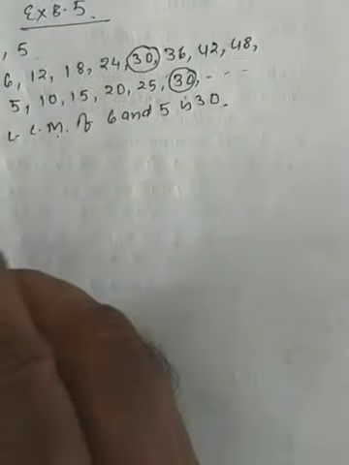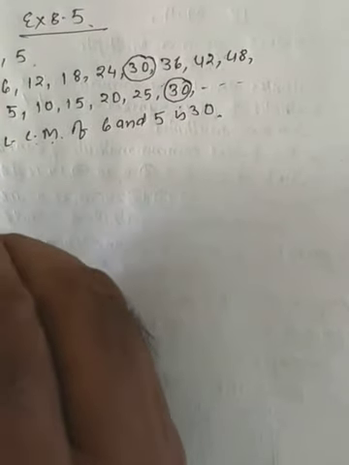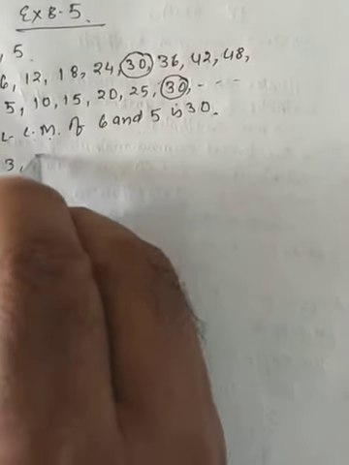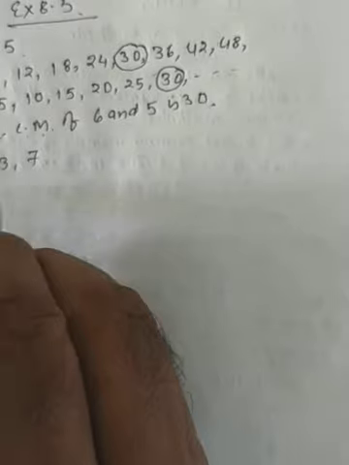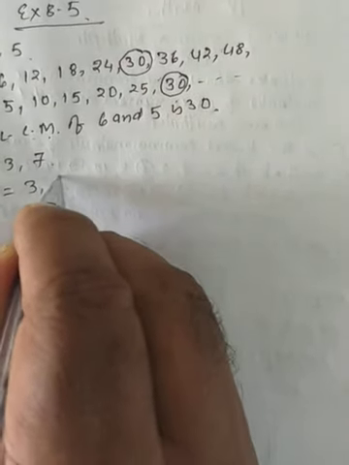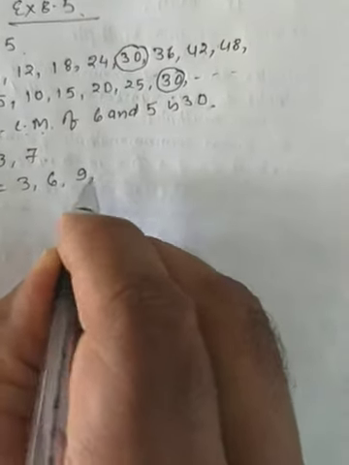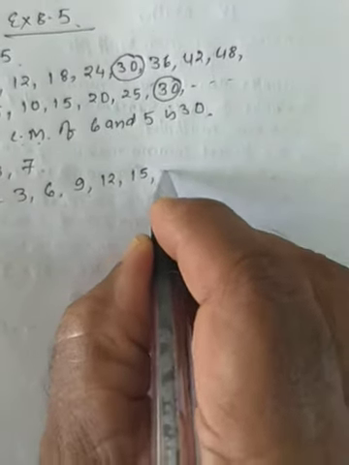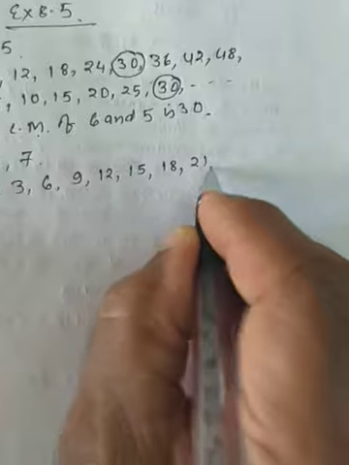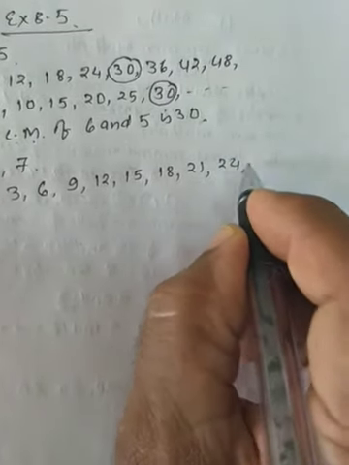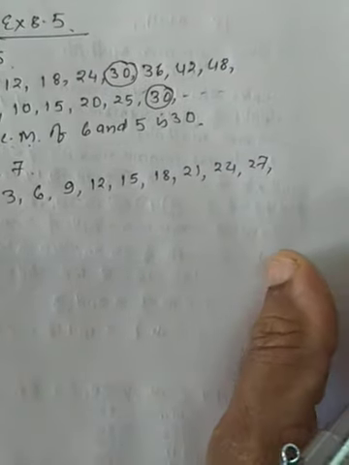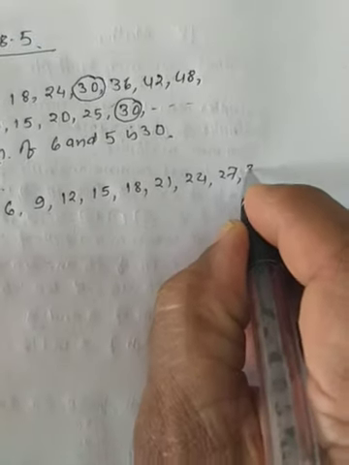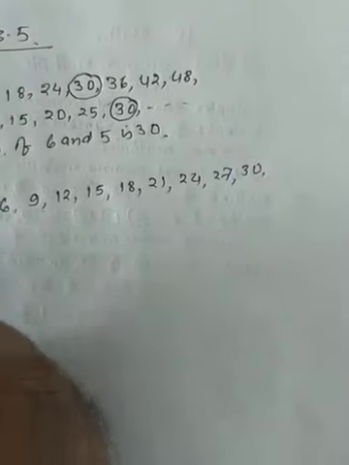Okay, B: 3, 7. The multiple of 3 is 3, 6, 9, 12, 15, 18, 21, 24, 27, 30 and so on.